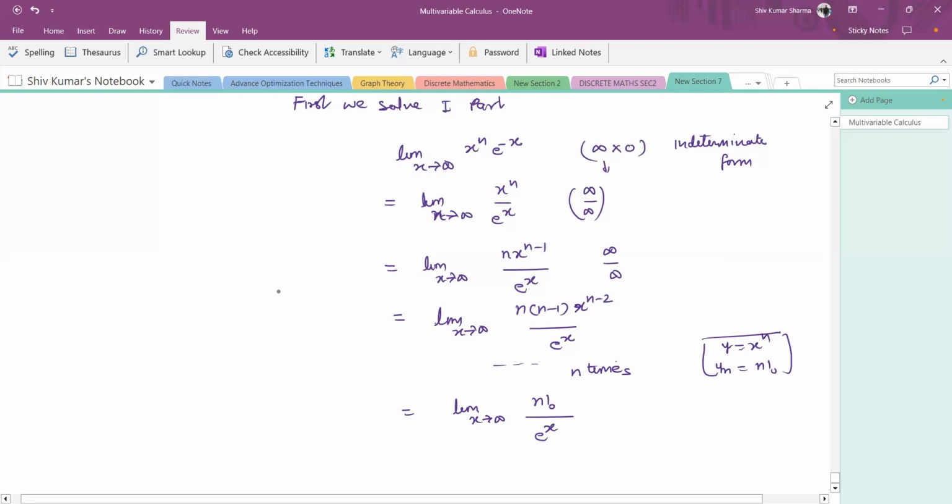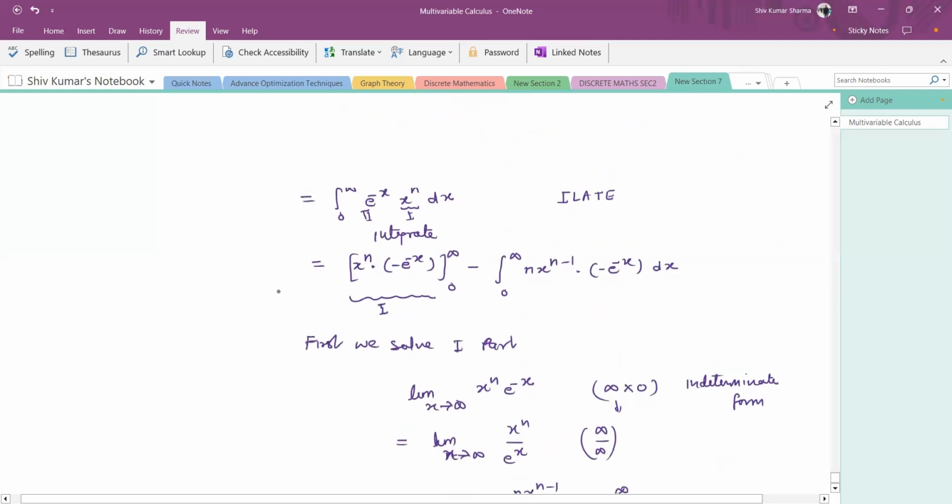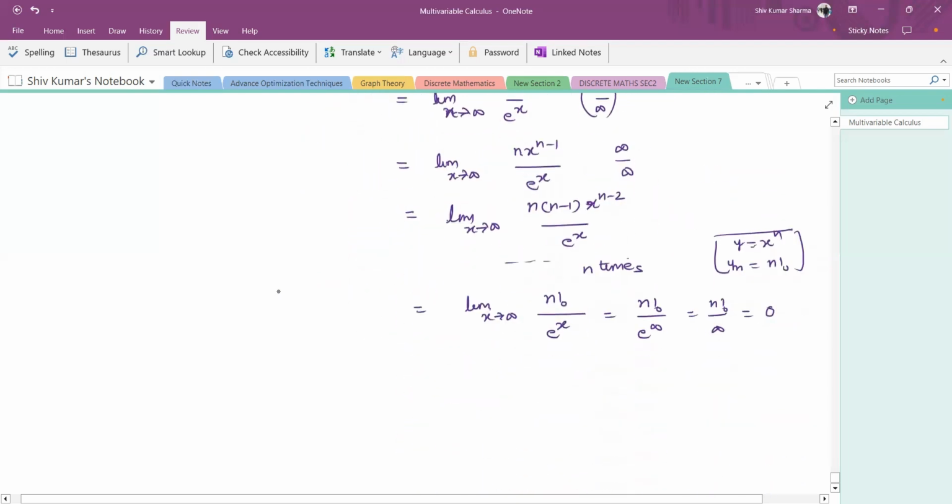Now when we put x tends to infinity, this gives factorial n upon e raised to the power infinity, so factorial n upon infinity. Something upon infinity gives us 0. Okay. So the first part gives us 0. And when we put limit x tends to 0, this also gives us 0. So the first value will be 0.